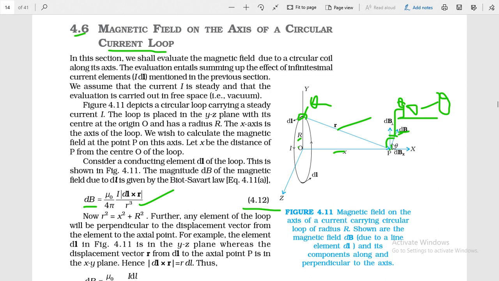The angle QP dB is 90 degrees, and the angle between dB and perpendicular to P is 90 minus theta. So this angle is again theta.